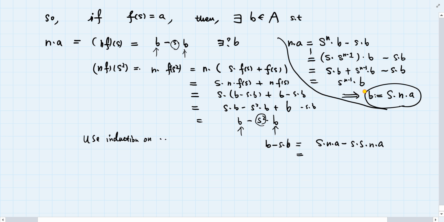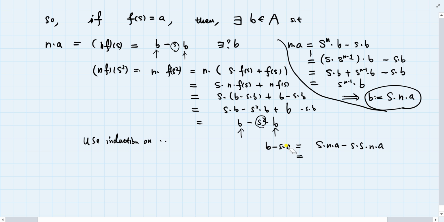let's just be careful, just repeat what we did. Don't be so hurried. If we have this, then b minus sb, s to the power n b minus sb, do the same thing. It's s to the m minus 1 times b. Okay.